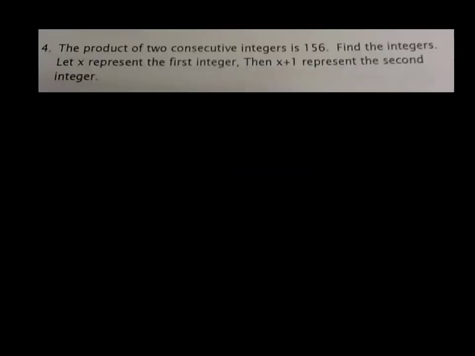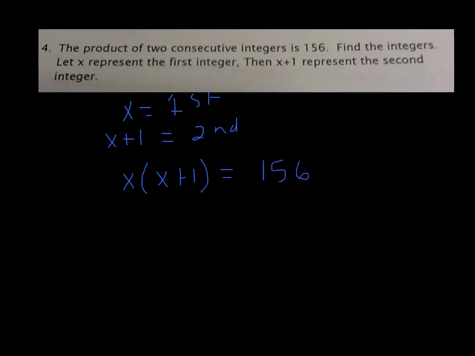Okay, the product of two consecutive integers is 156. Find the integers. Now remember that when we did these before, we said x was the first integer, and they're just doing consecutive, not consecutive even or anything like that. So consecutive means the next one, so x plus 1 is the second. And it says the product this time, so we're going to do x times x plus 1 is equal to 156.